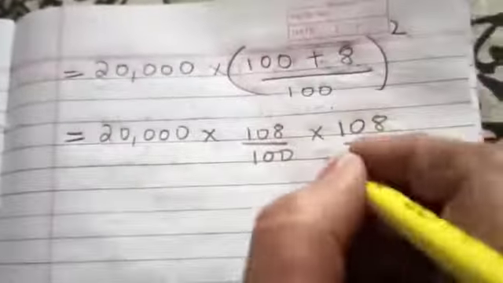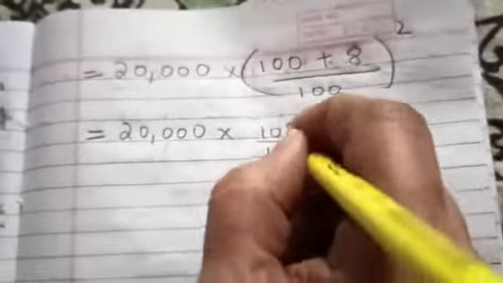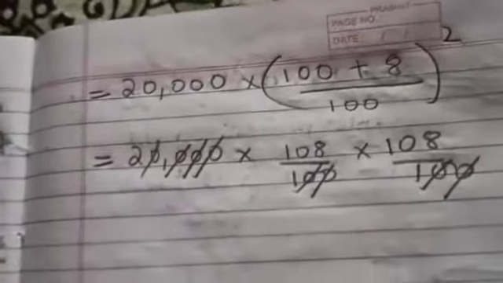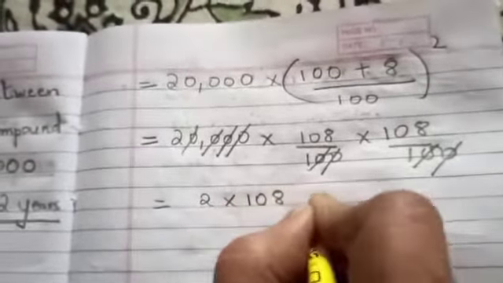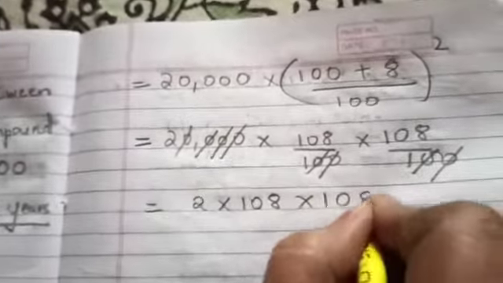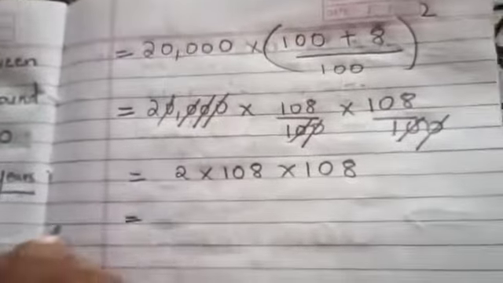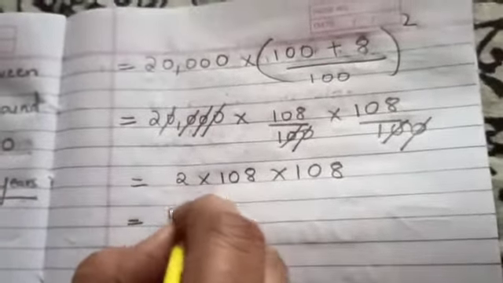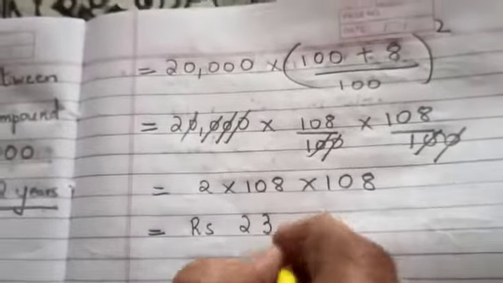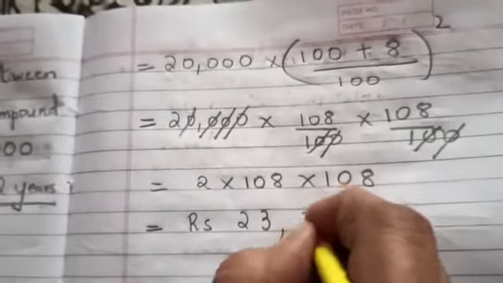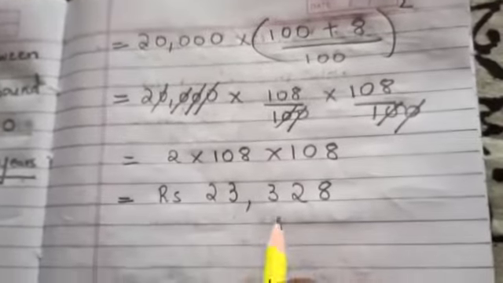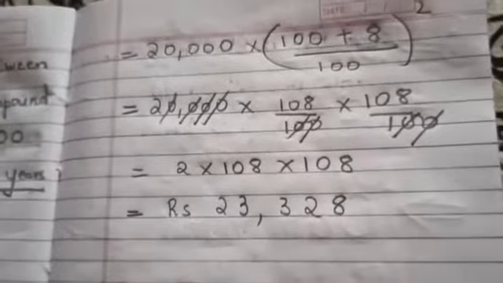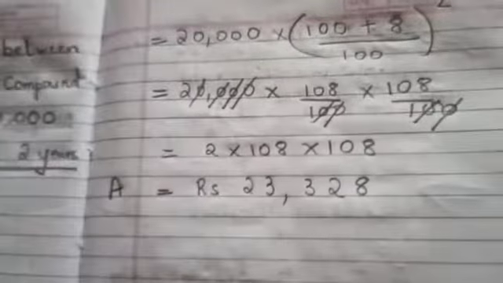Now we have to cancel the zeros. You have 1, 2, 3, 4. 1, 2, 3, 4. Now when we multiply 2 into 108 into 108, that is equal to rupees 23,328. Now this is the amount.